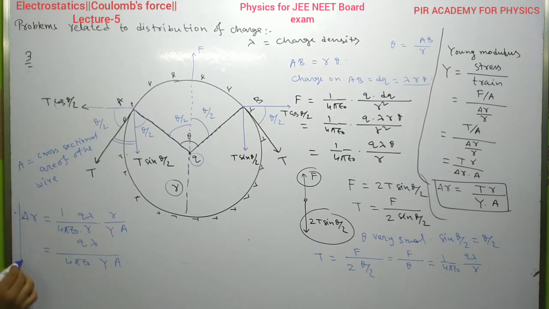This is the change of radius. So if the values are given, then you can easily calculate the change of radius. So you have to know how I calculate the change of this radius.